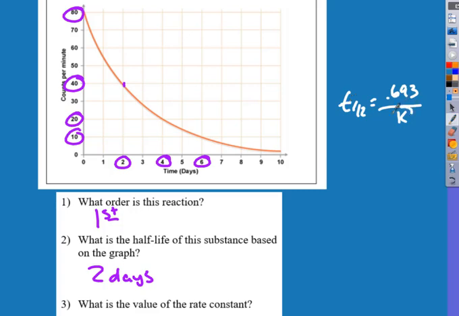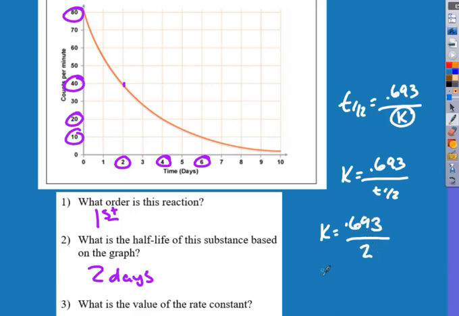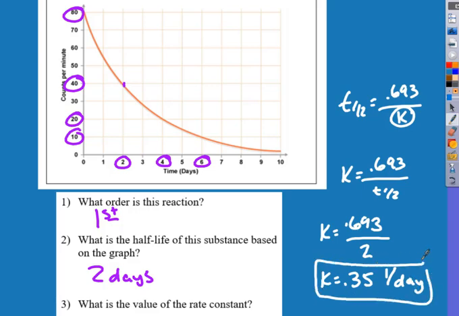But we're solving for k, so rearranging that equation, we get this. So k is equal to 0.693 over 2. So k is equal to 0.351 over days. You also could have said days to the negative 1.